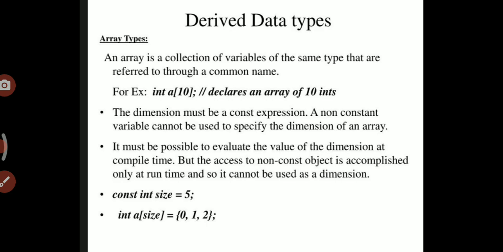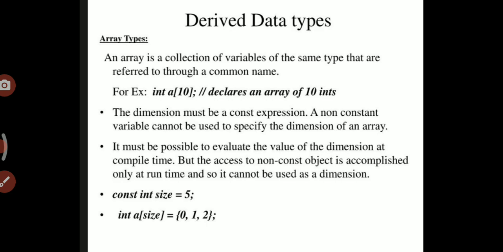Derived data types: array types. An array is a collection of variables of the same type that are referred to through a common name. For example, int a[10] declares an array of 10 ints. The dimension must be a constant expression.